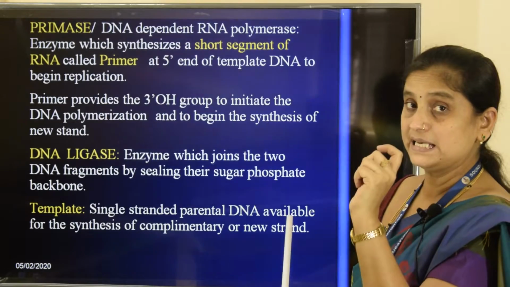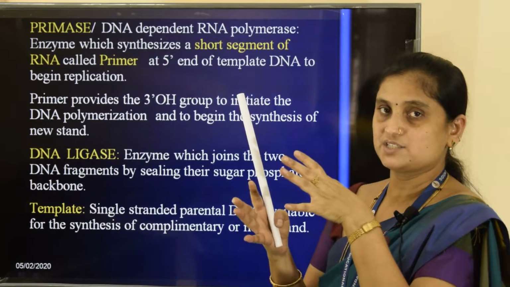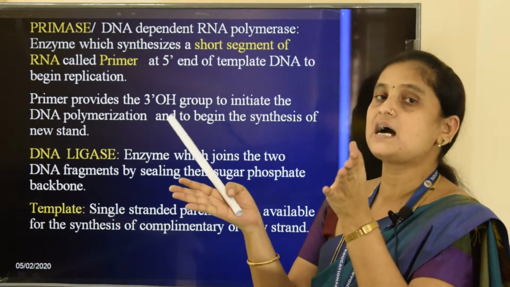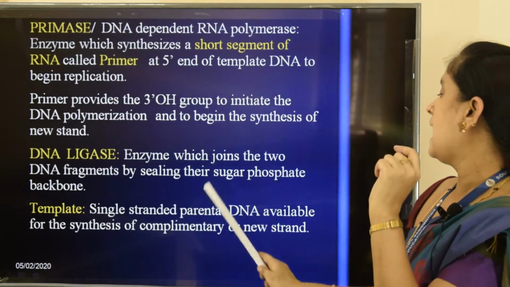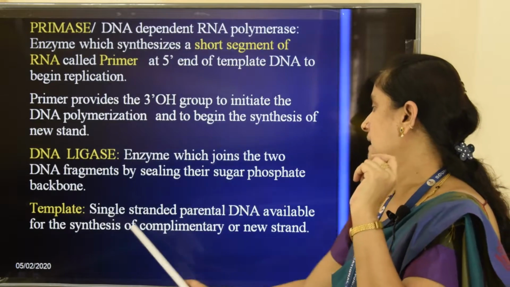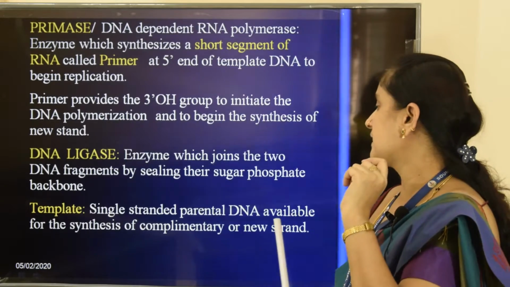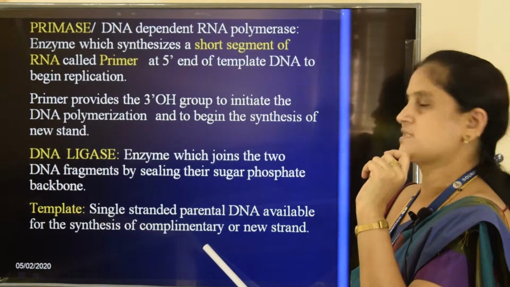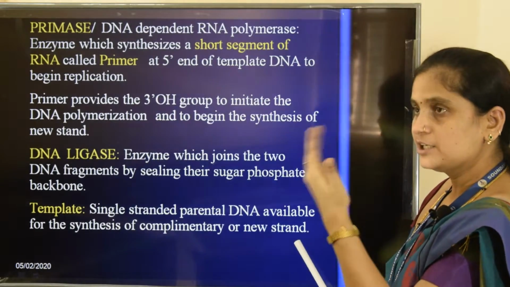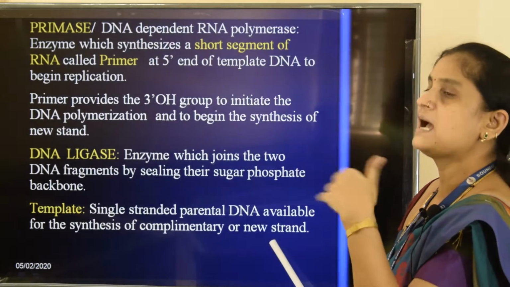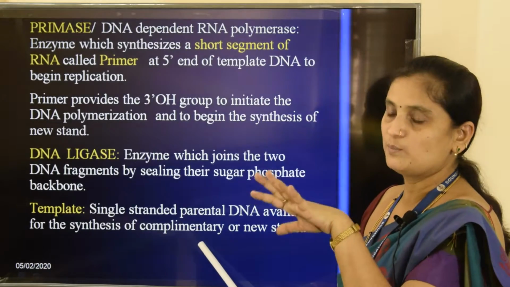After the helicases bind to the DNA at the origin of replication site, as the two strands start separating and unwinding, each separated DNA strand acts as the parental DNA, the template, available in single-stranded form for the synthesis of the complementary strand, or the new strand. The newly synthesizing strand is complementary to the template strand, so we can also call it the complementary strand.